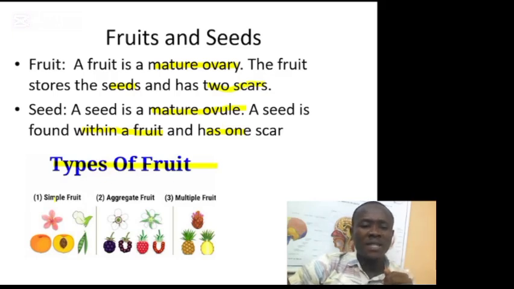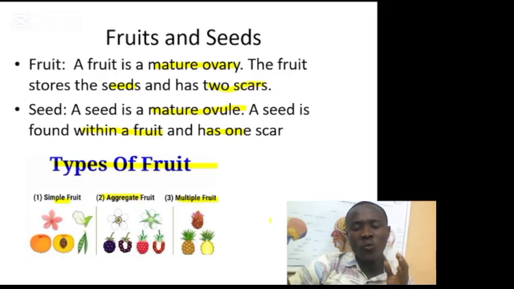Now let's talk about the types of fruit. We have simple fruit, aggregate fruit, and we have multiple fruit. Simple fruits are made from a single ovary and a single flower. Aggregate fruits are made from many ovaries but a single flower.